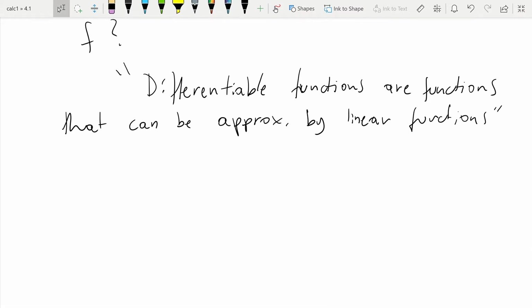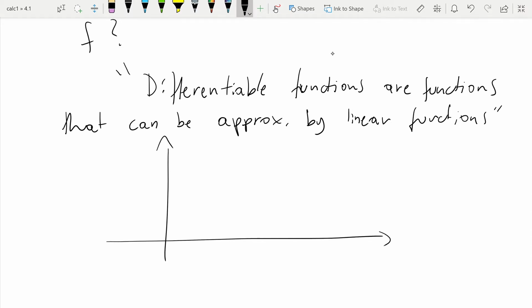Going back to the picture from the beginning of the course, we have any function like this one. At any point, like this one, x0, we can draw a tangent line. The existence of this line implies that this tangent line is a good approximation of f.